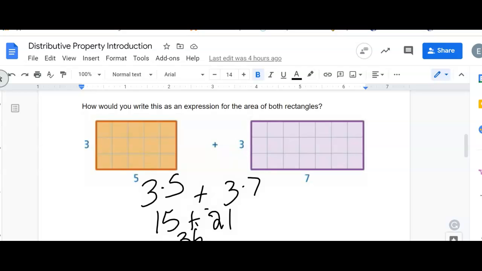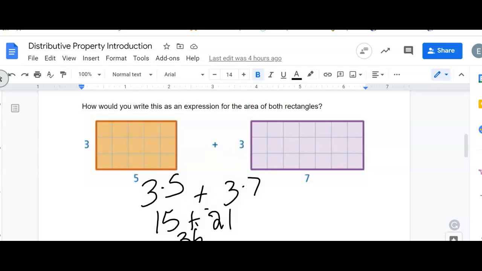Isn't that the same answer as the one we did above? Yes? Okay, so that proves that using the order of operations will give you the same answer as using the distributive property. You just did the distributive property.